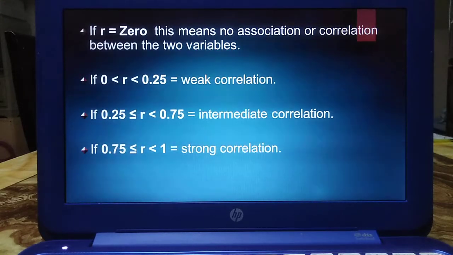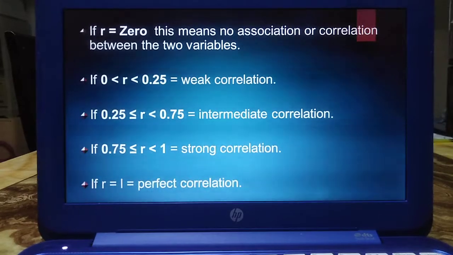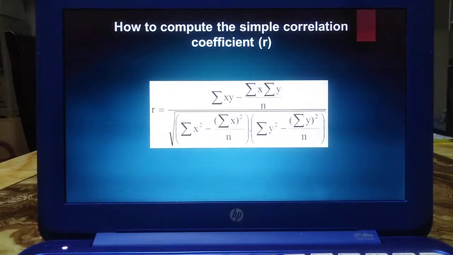If the coefficient is less than 1 but greater than 0.75, then we have a strong correlation. If the coefficient is equal to 1, then we have a perfect correlation.